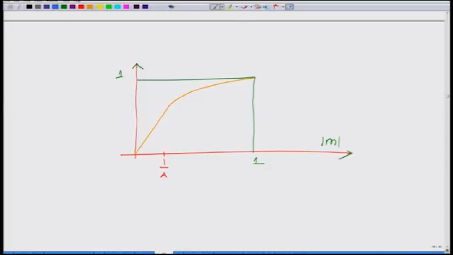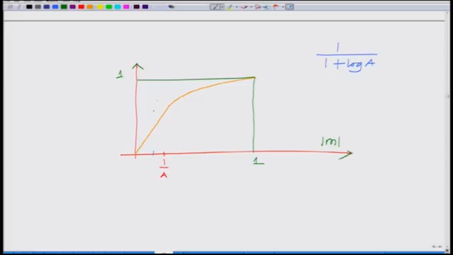As A increases, this 1 over A decreases and progressively shifts. When magnitude m equals 1 over A, the value is 1 over 1 plus log A.